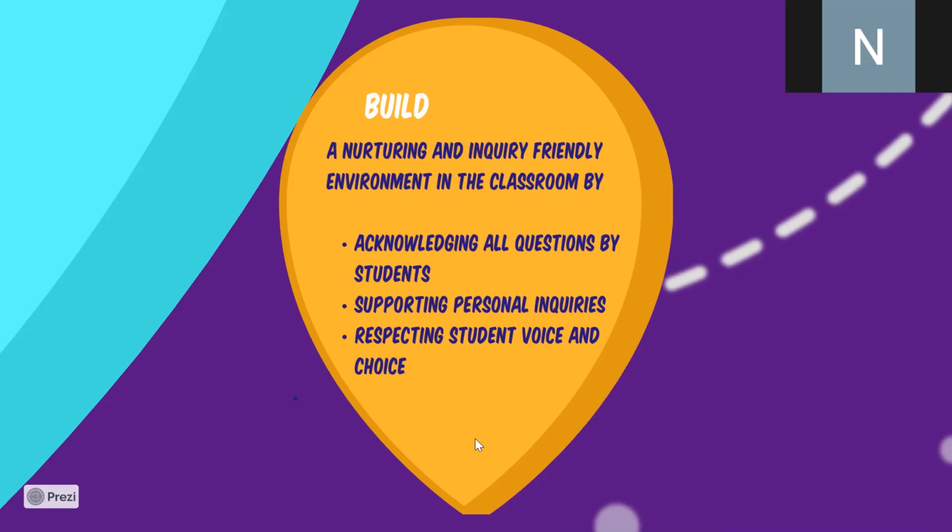He may want to branch out from the line of inquiry and pursue some other question or some other problem, and you have to support these personal inquiries so that the child feels confident that, yes, if I have a question, I am going to find out the answer, and this is how I go about it. And I have my teacher who is supporting me at these steps all the time.